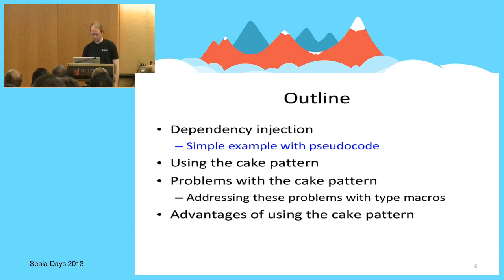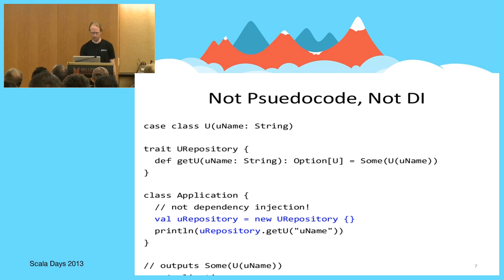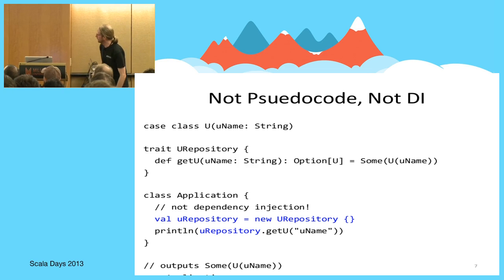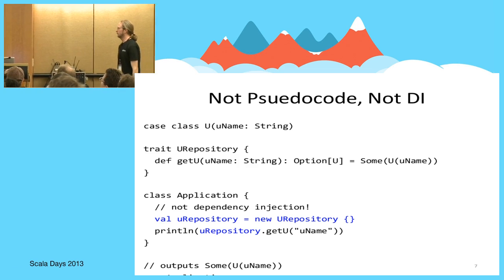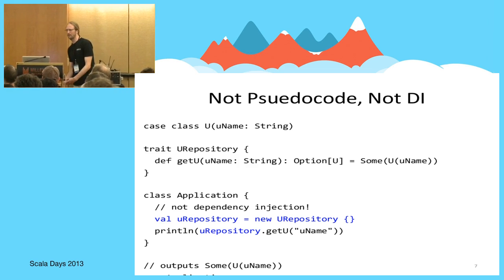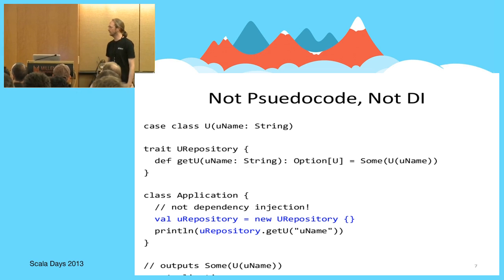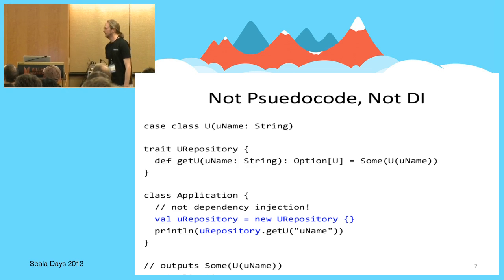So let's take a look at how this might appear in code. This is not dependency injection yet, but I'm just going to introduce my running example for the code slides in this talk. In my application, we have an entity class called U. In reality, U has about 23 or 24 fields, but I've narrowed it down to 1 just for the sake of this example.